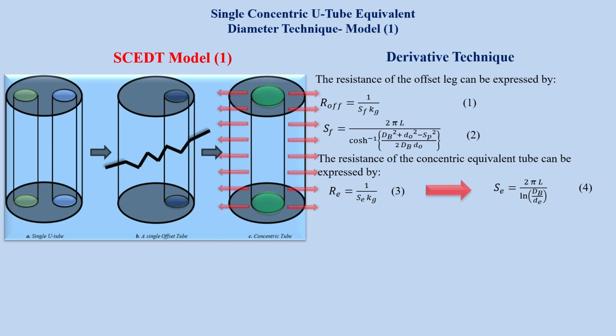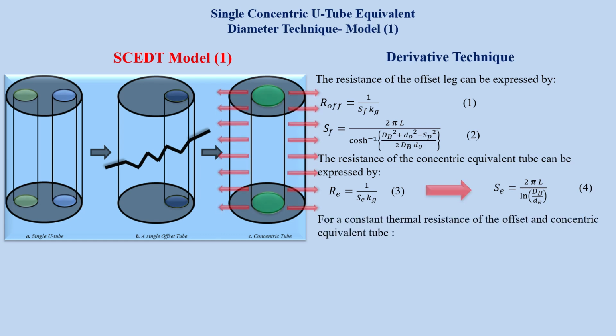It is represented by S sub E equals 2 pi L divided by the natural logarithm of D sub B, which refers to the bore diameter, divided by D.